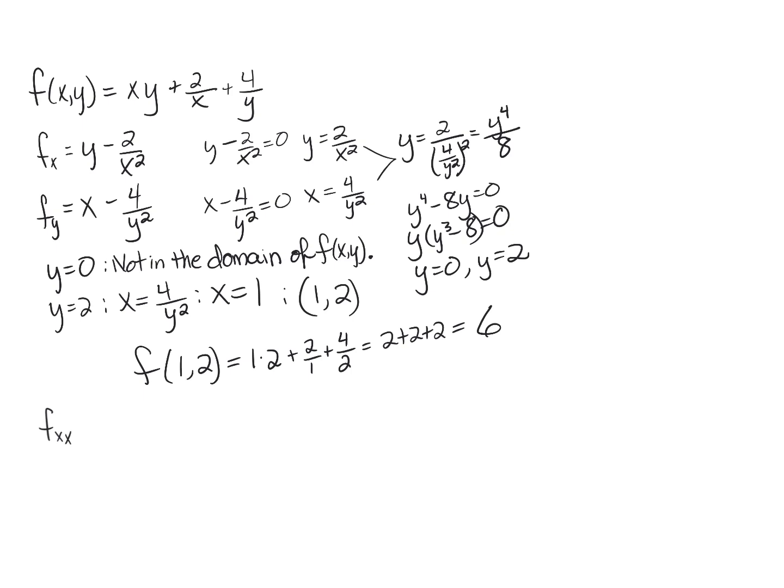So let's check and see if it's a maximum or a minimum or a saddle point. So my second partial with respect to x, this is going to be minus 2 times minus 2, gives it positive 4 over x cubed. Negative 2 times negative 4 is positive 8 over x cubed. And then the mixed partial is just going to be 1.